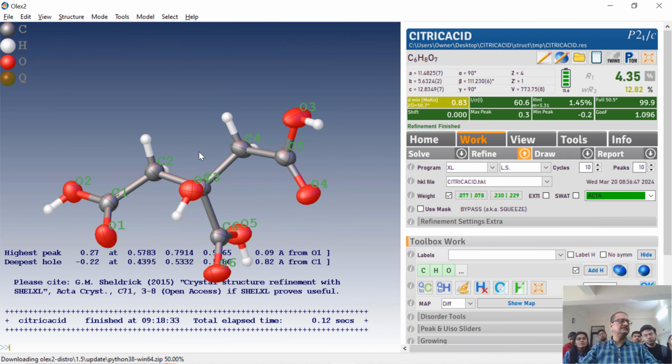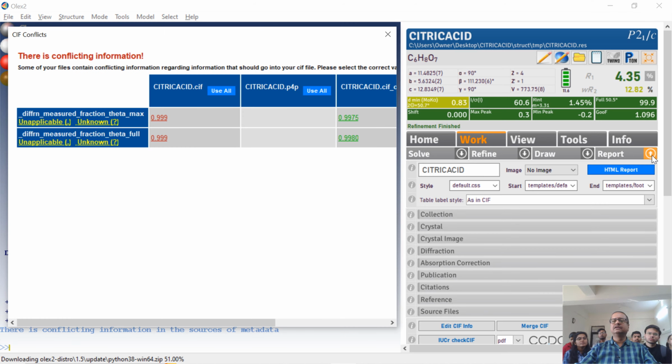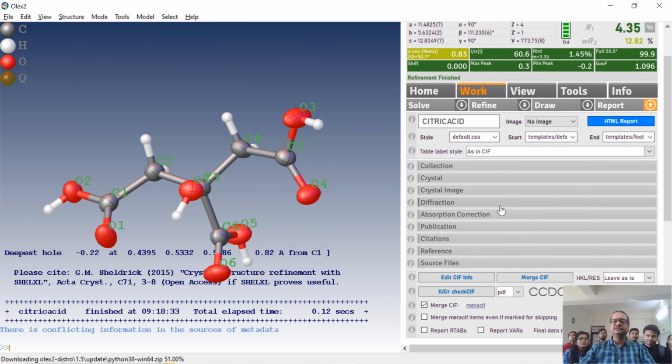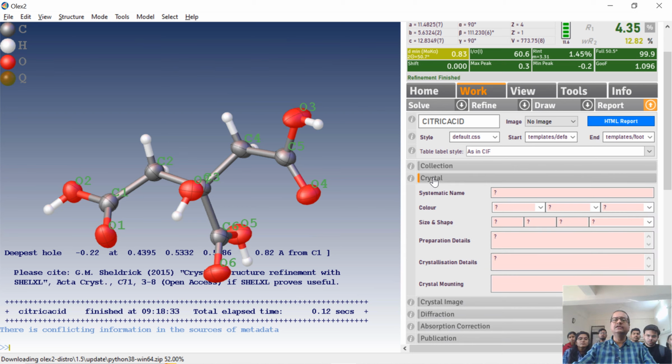Okay. So this brings you to the structure solution and refinement part of your job. But then one has to generate a final report. So when you click on report and you see that there are some discrepancies, you click on the green one, whatever is green, and then it brings you to the report section. Here you can identify the compound as a systematic name.